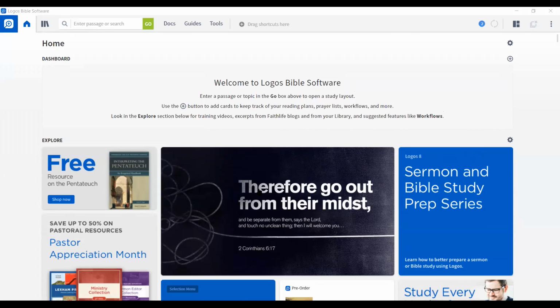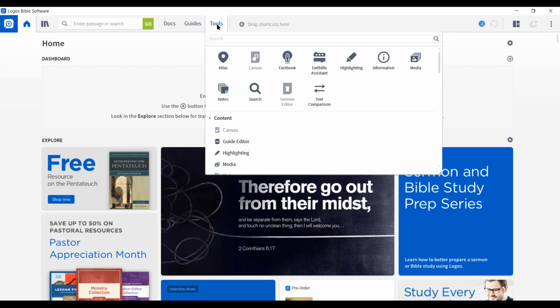This is the only difference. Okay, thank you. Yes, I open my Accordance. This is the library, but we are not interested in the library. This is Logos. Oh yes, it's Logos.